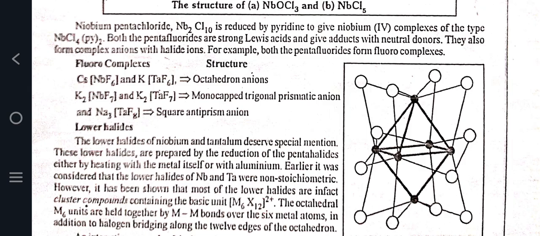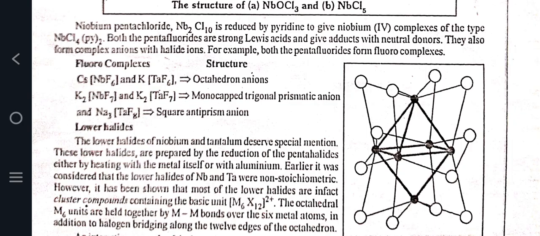The lower halides are prepared by the reduction of the pentahalides, either by heating with the metal itself or with aluminium. Earlier, it was considered that the lower halides of Nb and Ta were non-stoichiometric. However, it has been shown that most of the lower halides are in fact cluster compounds containing the basic unit M6X12 2+.